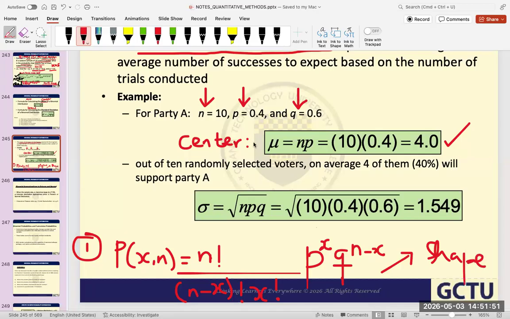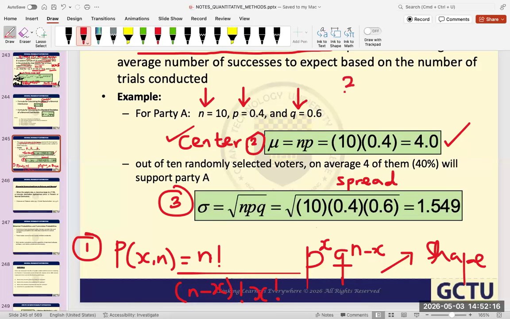Then secondly, you need to know mu equals np, because this will be for the center. And then third, you need to know uppercase sigma equals square root of npq, because this will be for the spread or the standard deviation.